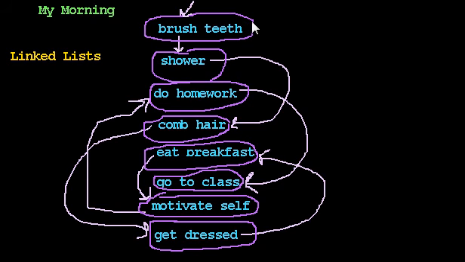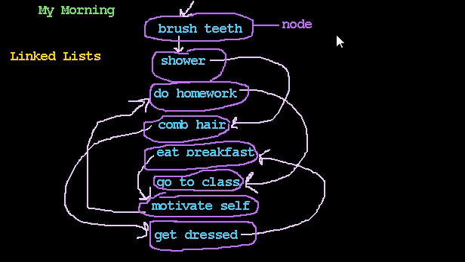These purple things, these are called nodes. So this is a node. So when my linked list contains, let's see, 8 elements, then it consists of 8 nodes, right? So a linked list consists of nodes, and a node has 2 parts, right?